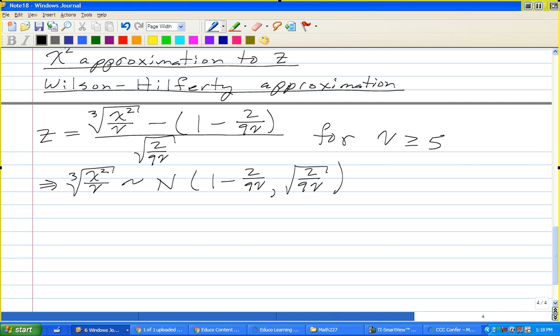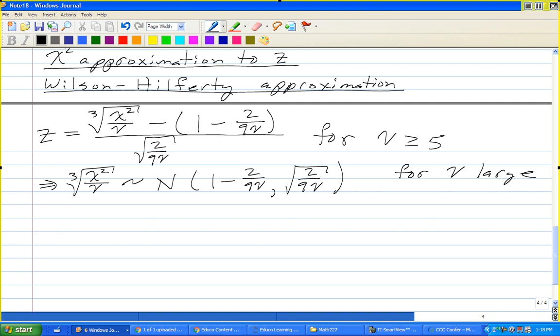Okay. Approximately. For, obviously, nu large. And in this case, large means like bigger than 5.